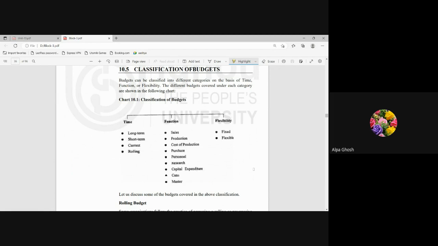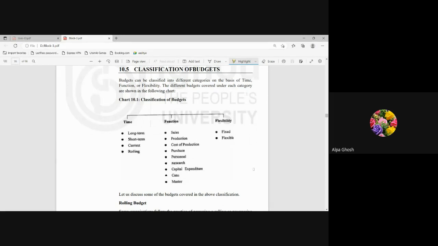That means if this year the activities are not completed, they can be carried to the next year. Rolling budget: the budgeted activities, if not completed in the current year, can be continued in the next year. So this is on the basis of time.